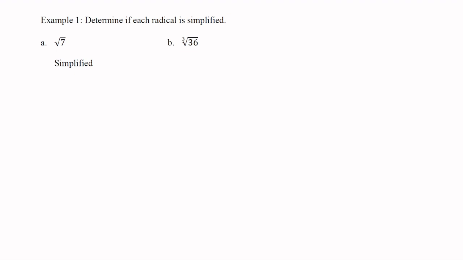For the cube root of 36, we have to consider what our perfect cubes are. 36 is a perfect square, but it is not a perfect cube. So this is simplified. Square root of 27. Well, does 27 have a factor that is a perfect square? Well, 9 is a perfect square, and 9 can divide evenly into 27.